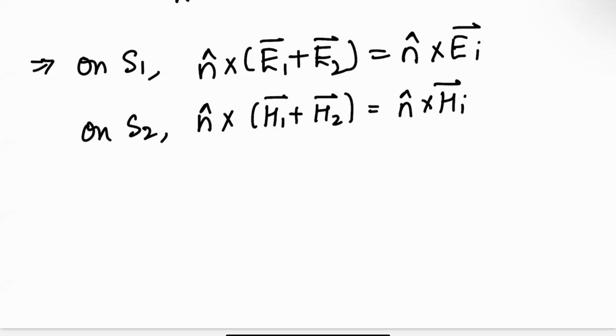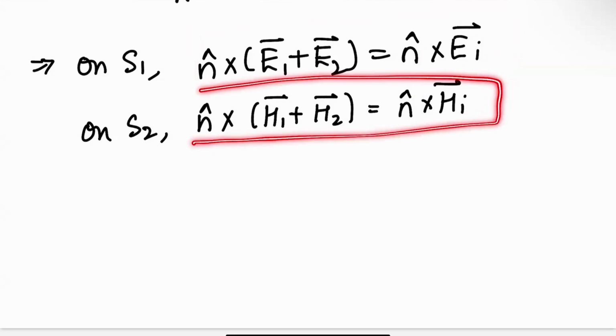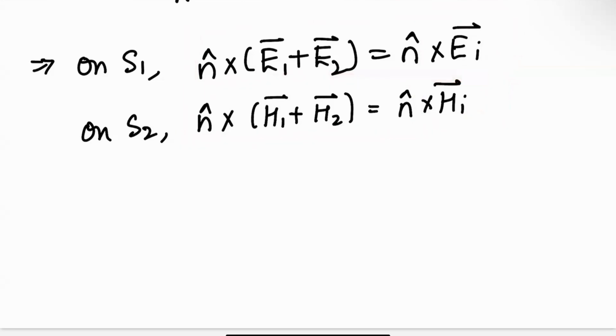Right? And that's exactly what we have here. We have two solutions to Maxwell's equations, E1 plus E2. Of course, a linear combination of solutions should also be a solution. Right? So we have E1 plus E2, comma H1 plus H2 as one solution. We have EI, comma HI as another solution. Right? On the boundary S1, E is agreeing. On S2, which is the complementary boundary, we have H agreeing, which means that these satisfy the conditions for uniqueness. Right?